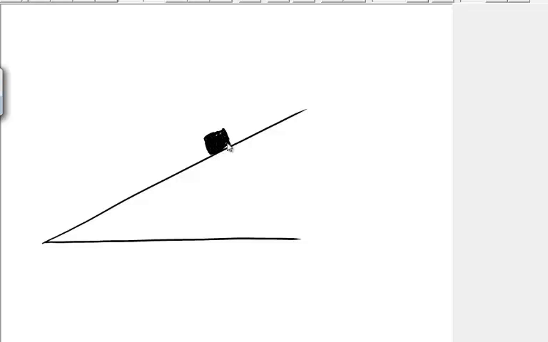And so gravity, you said it right, is pulling straight down, but some of the gravity is directed this way, and some of it is trying to drag it down the inclined plane. So to prevent that or to slow that from happening, there is in fact a frictional force slowing that down or preventing that motion.